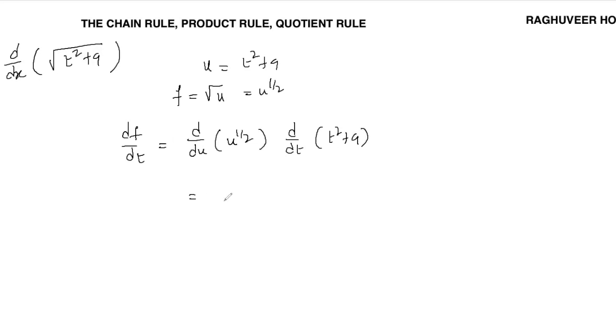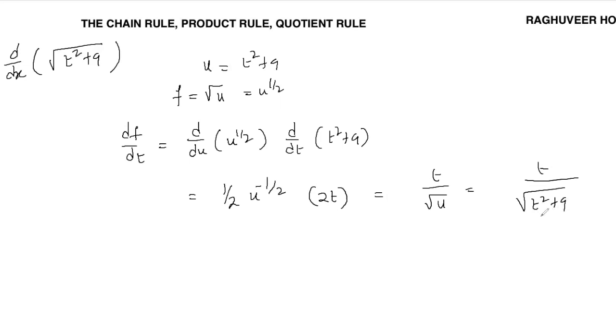So this will be half u to the power of minus half times 2t, which is t by root u, or t by root t squared plus 9. So that is the answer.